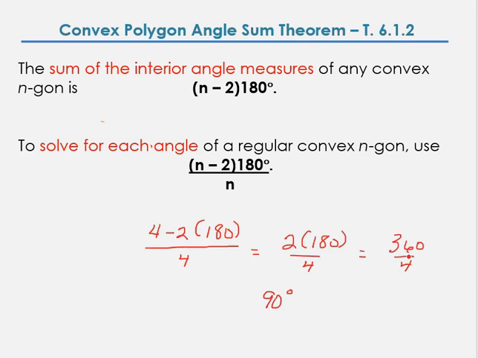And I did say it was 4 sides, and we are talking about regular n-gons. So regular would mean the angles would be congruent, the sides would be congruent, and we know that in a 4-sided figure where those properties were true, we would have a square, and we already know that squares have 90-degree angles.